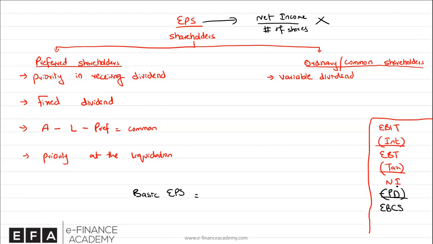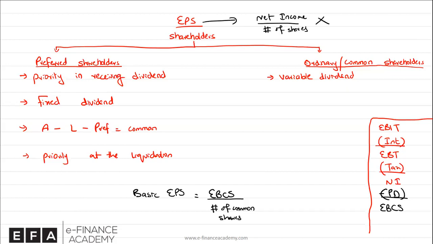So you're not going to take the net income and divide it by the number of shares. Rather, you are going to take the earnings belonging to common shareholders, which is EBCS. This gives you the profit that belongs to common shareholders, and you divide this by the number of common or ordinary shares.